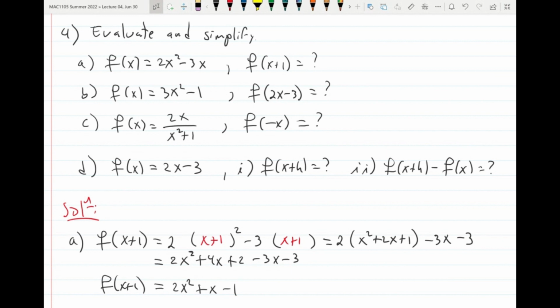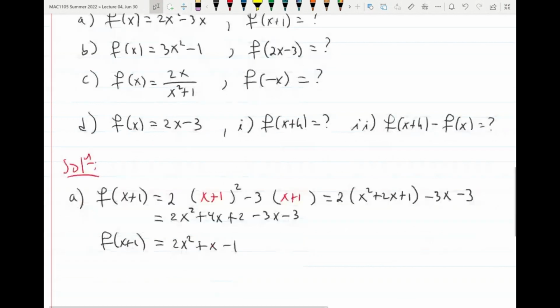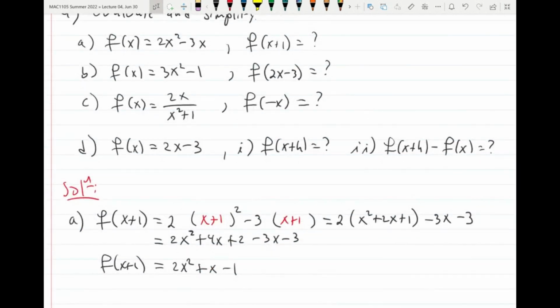So this is a function, it has some picture. This new function that we are obtaining is basically this function shifted to the left 1 unit. We're going to be playing with this in the next section. That's called transformations of graphs. So that's why it's important to understand function notation, because we're going to be writing this stuff a lot. Okay, are there any questions about part A? Okay, go ahead and do B and C.